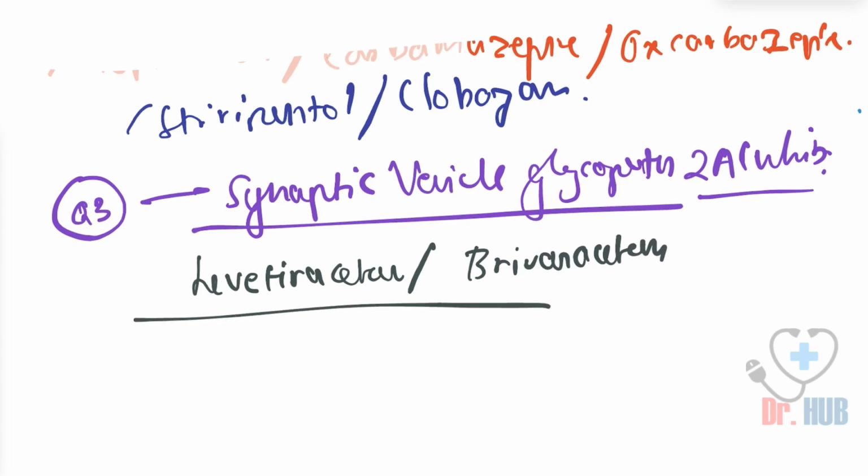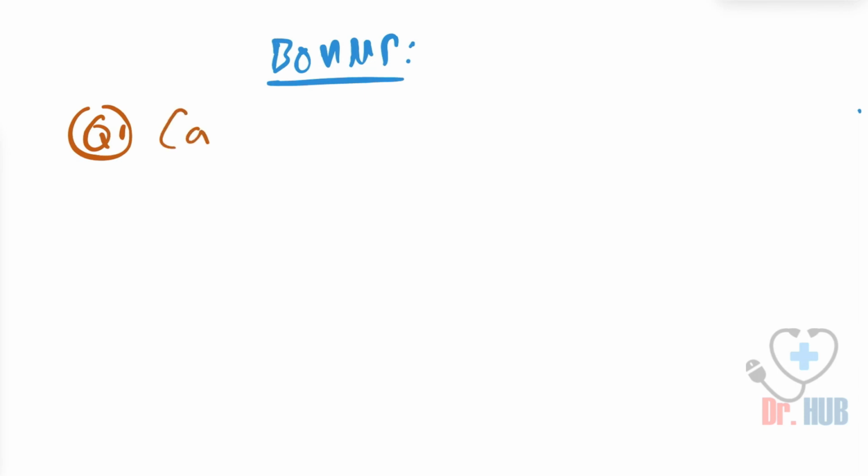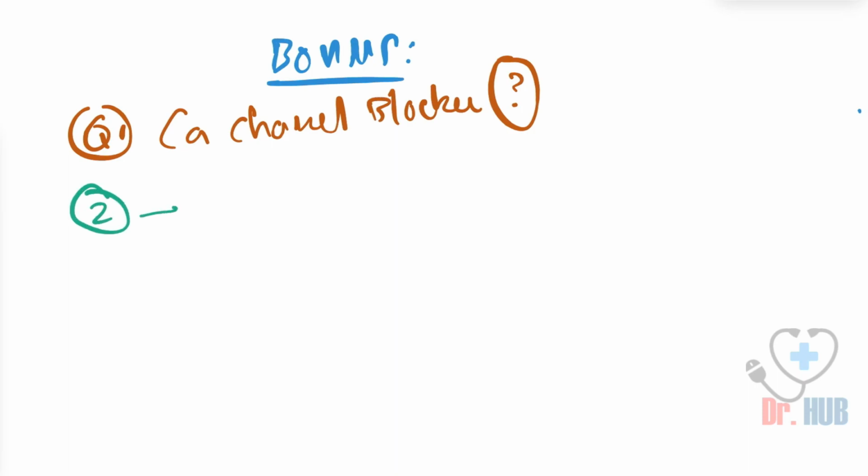Now we will look at some bonus questions. The first question is, name the calcium channel blockers with the anti-epileptic property. The second question will be, name some GABA uptake inhibitors which have a role in epilepsy.